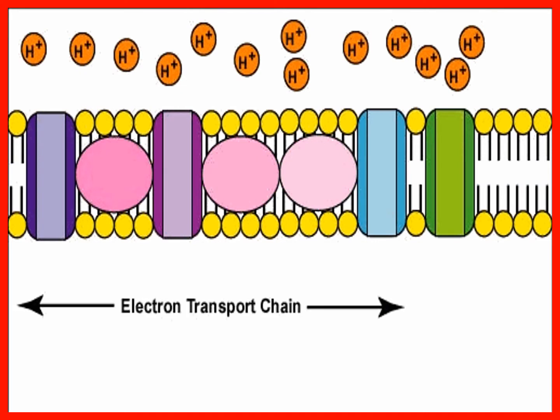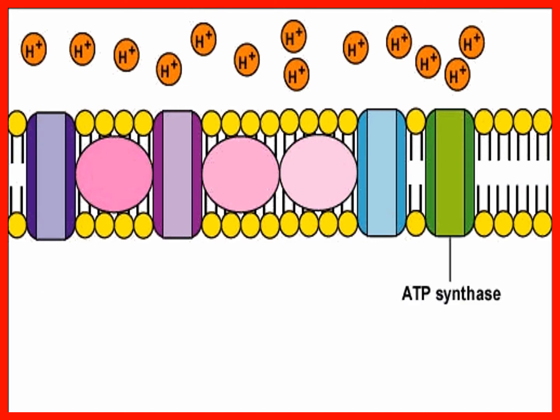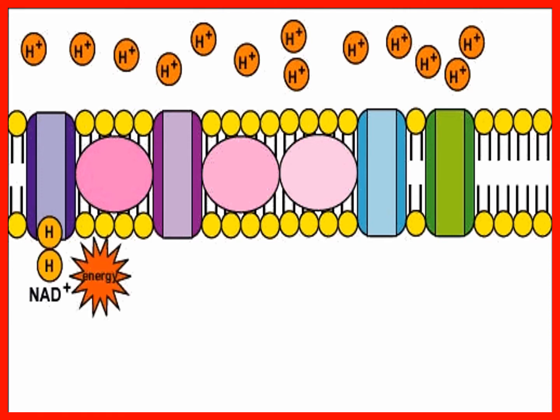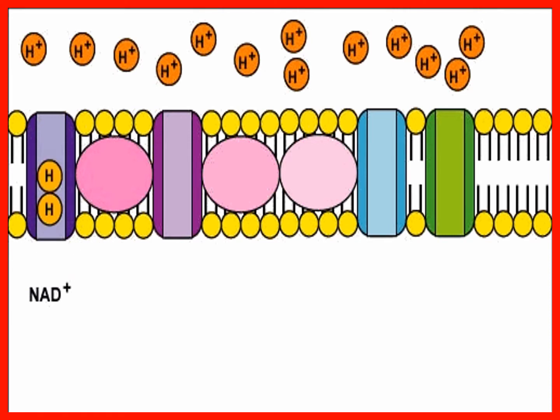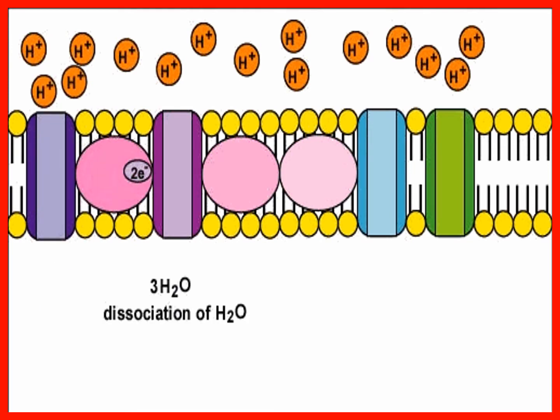Note the different names of these different parts. We've got the electron transport chain, where electrons are transported from one electron carrier protein to another. We've also got chemiosmosis, where the hydrogen ions diffuse down the concentration gradient through ATP synthase.